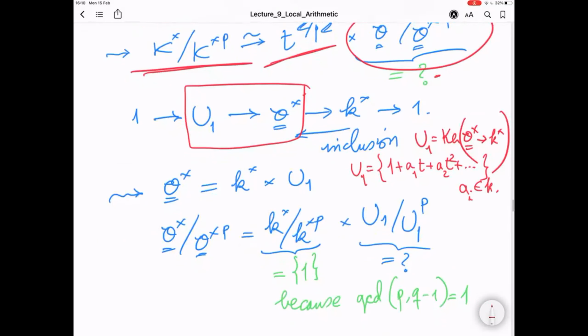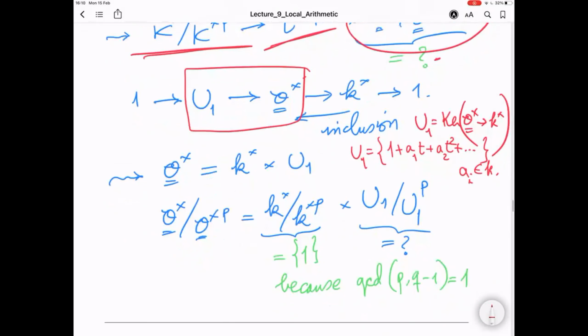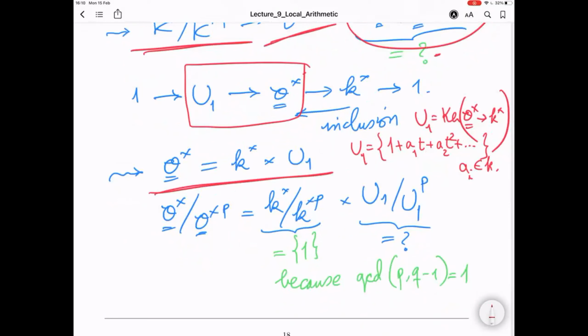And it's easily checked that O star is actually the internal direct product of little k star and U1. So what we wanted to determine is units modulo pth powers, and we are now reduced to determining little k star modulo pth powers and U1 modulo pth powers. This one is very easy because little k star is a cyclic group of order prime to p.